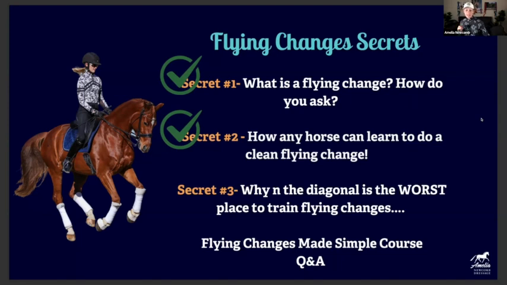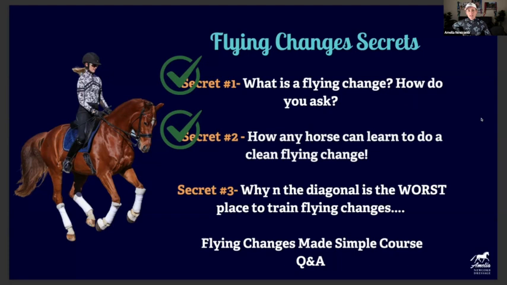The next part of this presentation is really important to me because a lot of times when it comes time to do a flying change, we just go across the diagonal and ask and expect it to happen. And there's a disconnect between, okay, I've done all the basics, now I need to figure out the right pattern or the right placement to ask my horse for a flying change.